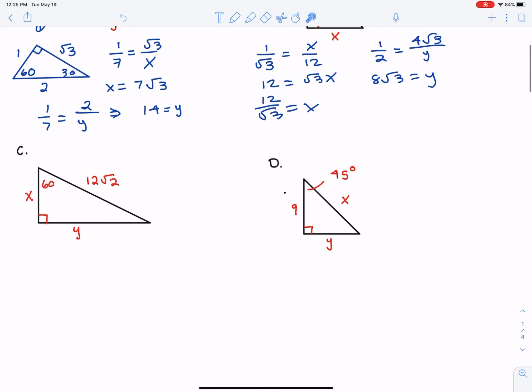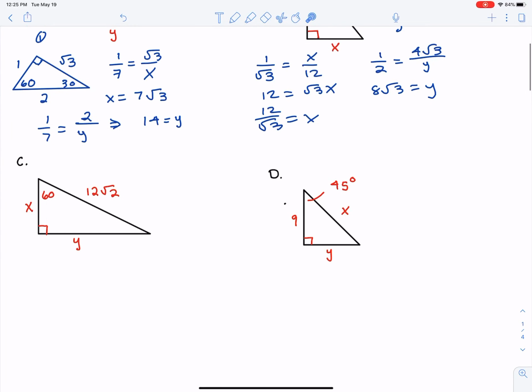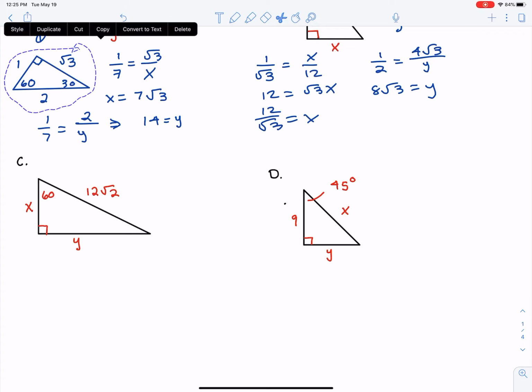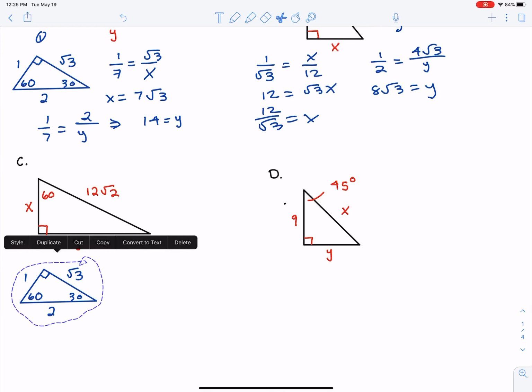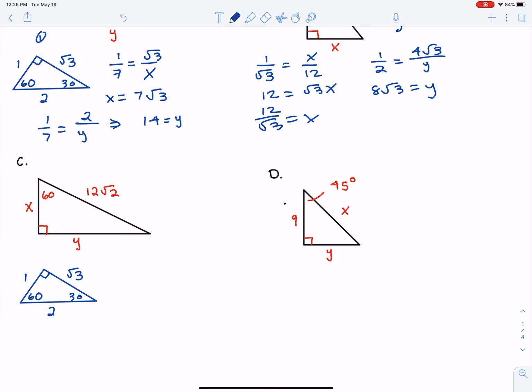Okay, so let's keep on going here. Let's see if we can do this without setting up our similar triangles. So again, let's go and grab this one for reference. Okay, so this is again a 30, 60, 90. So what do we know? Well, we know that the hypotenuse is twice as large as the small side. The small side is x.